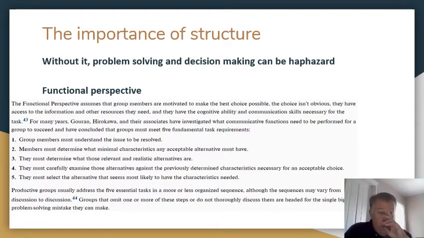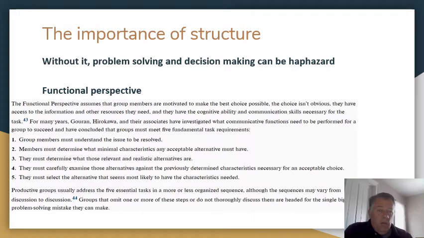Structure is important, and what you have here is something called the functional perspective. Without structure, solving the problem and making the decision can be haphazard. So here are some fundamental requirements. Groups must understand the issue to be resolved.